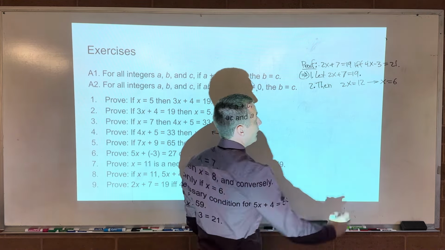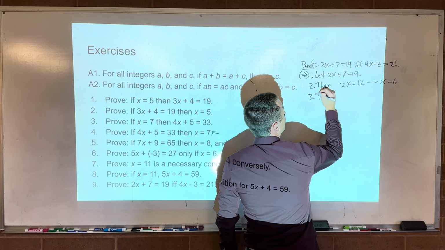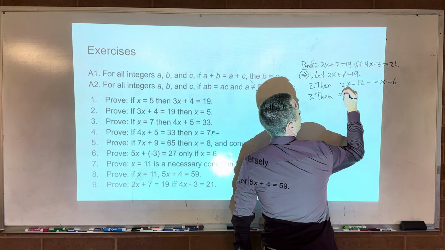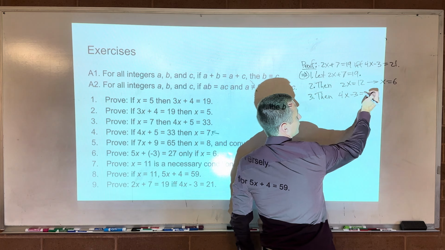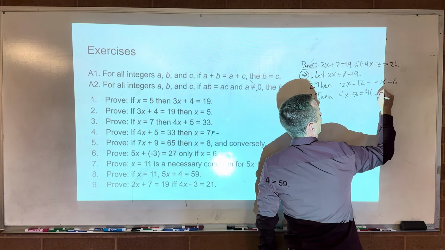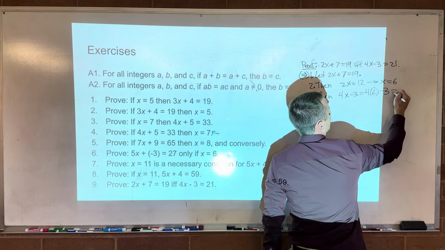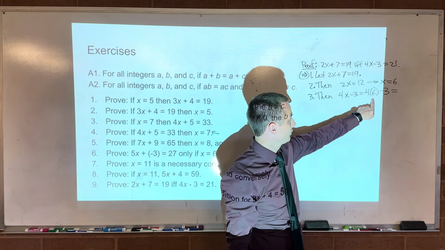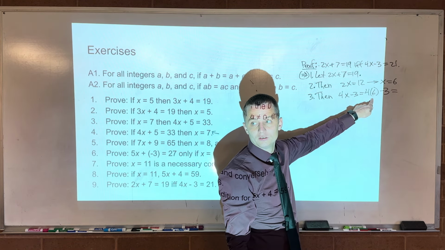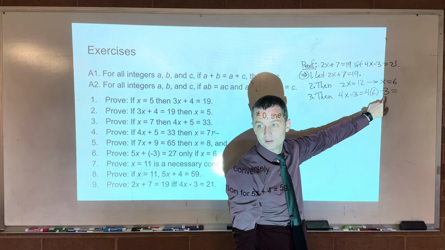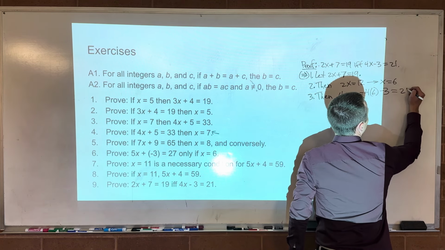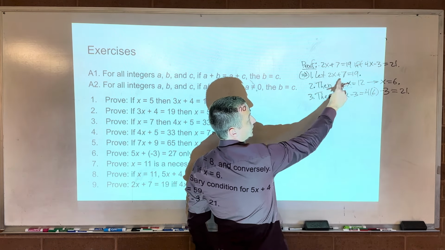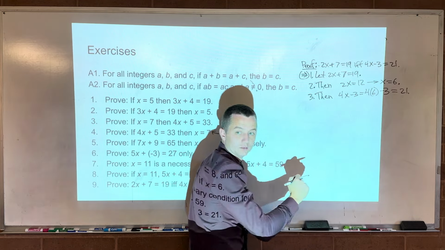And if x equals 6, then 4x minus 3 is equal to, what's 4 times 6, minus 3? 21. Okay, we did it. We showed that if this is true, then this is true.